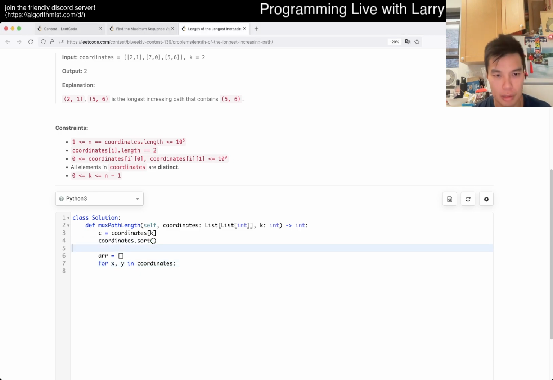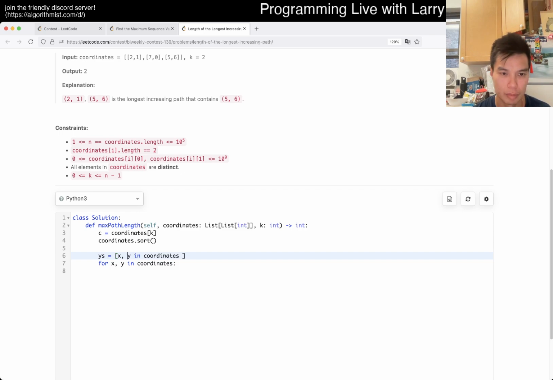Once we sort it, then now, yeah, okay, then maybe we have something like, if x is greater than c of 0.